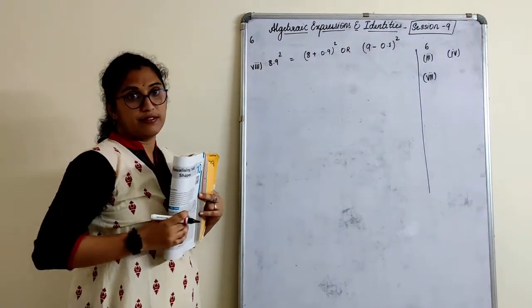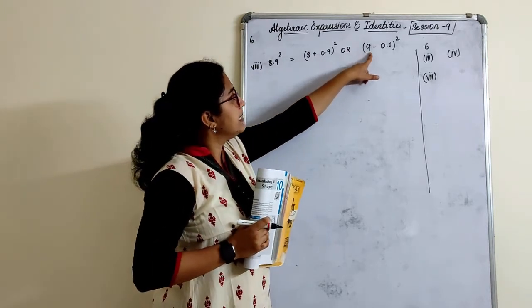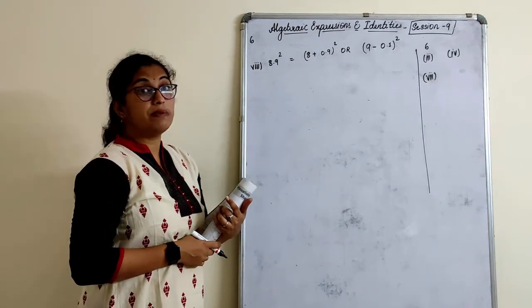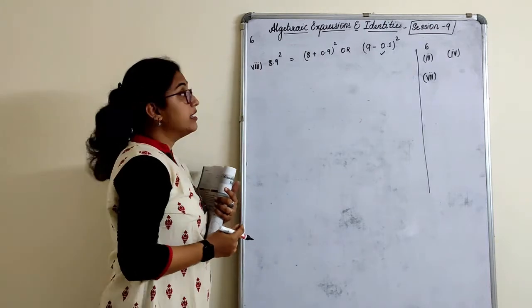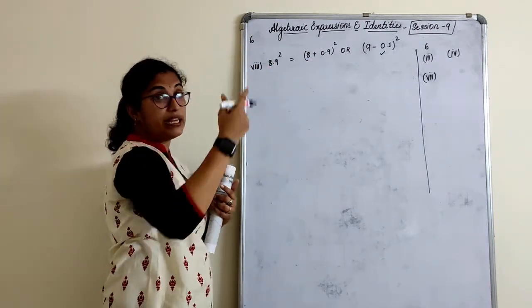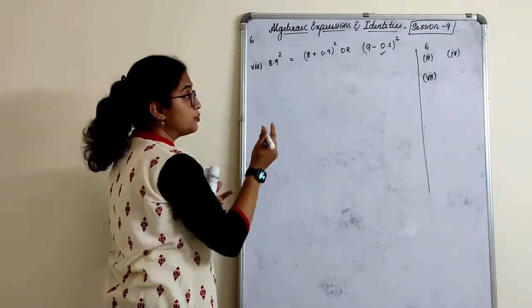Which is easy, children, for you here? See, 8 plus 0.9 is 8.9. 9 minus 0.1 is also 8.9. But which will be easy? I think this is much easy to solve, right? Because see here, we have 8, we have 0.9, but squaring that, 0.1 is very easy. We'll go with this. Either of one, it's up to you.